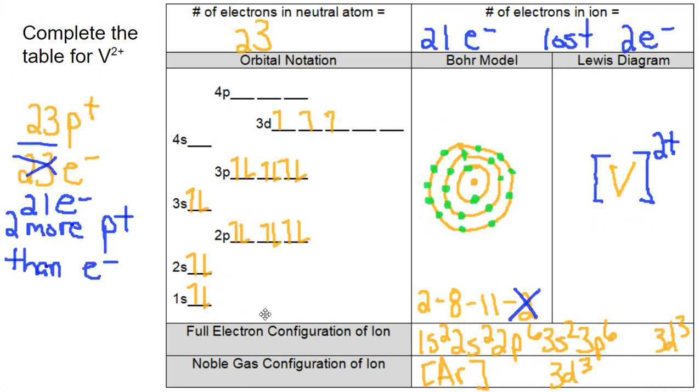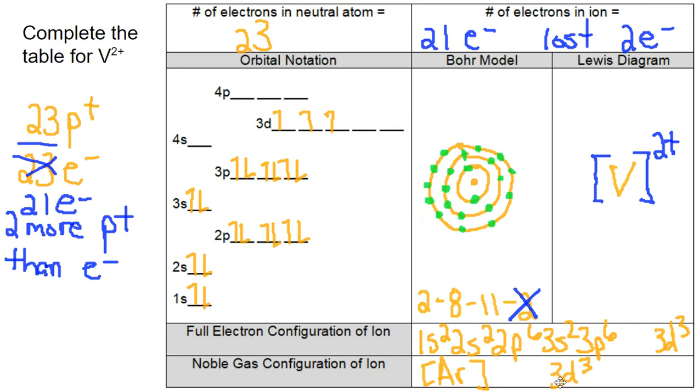And when we looked at the electron configuration for vanadium ion, we note that it had an electron configuration very, very similar to that of argon, with the addition of these additional 3 electrons packed into the D sublevel on the 3rd energy level.